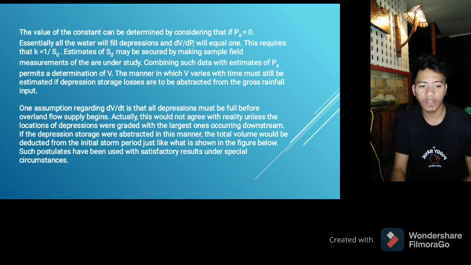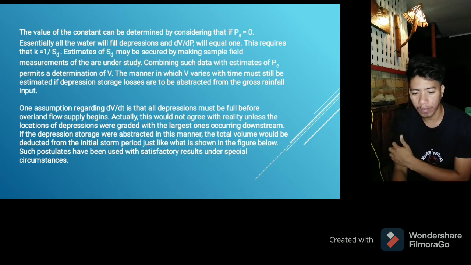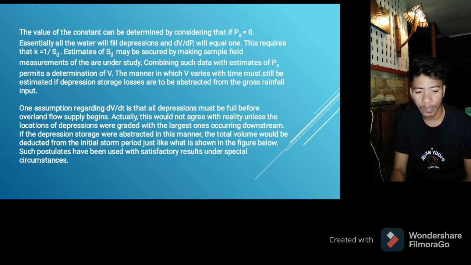The manner in which V varies with time must still be estimated if depression storage losses are to be abstracted from the gross rainfall input. One assumption regarding dV over dt is that all depressions must be full before overland flow supply begins.